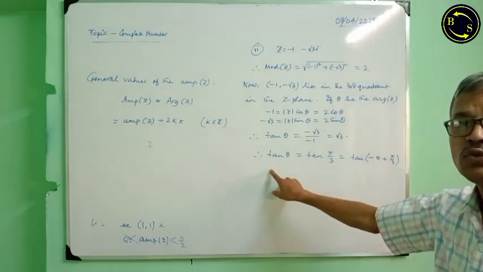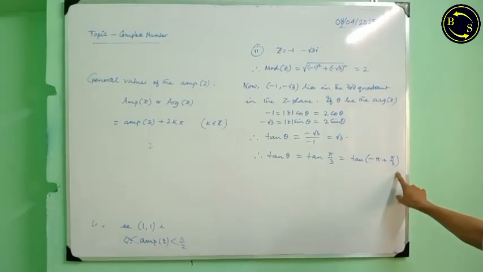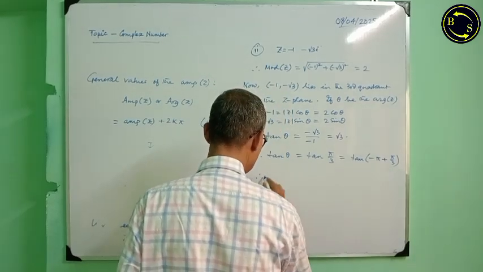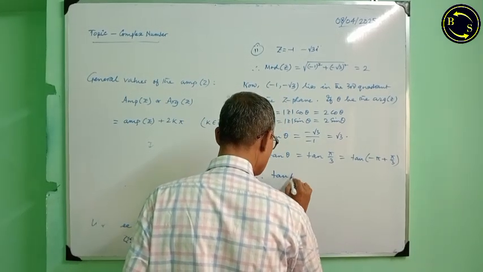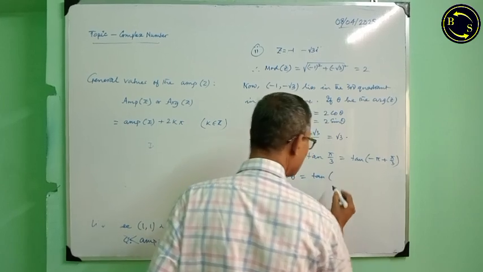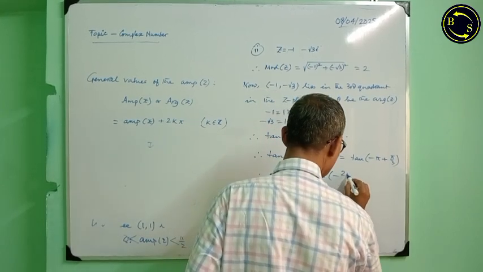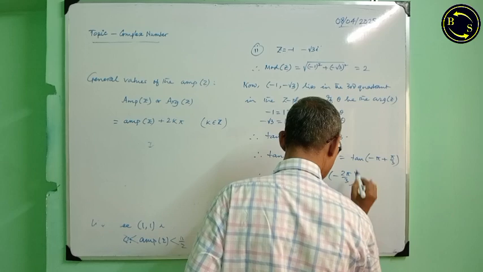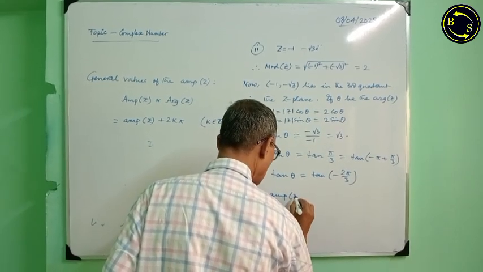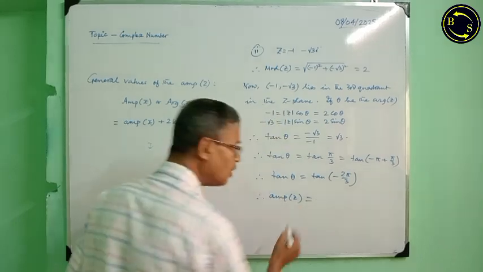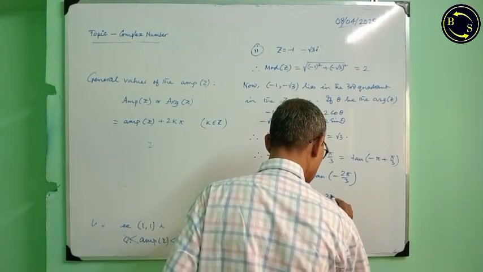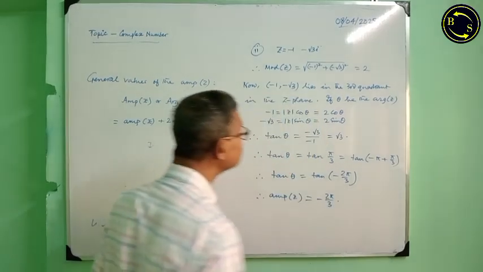That is why, you see, this is very important. Thus tan theta equals root 3, therefore the principal value of the amplitude will be minus 2 pi by 3.